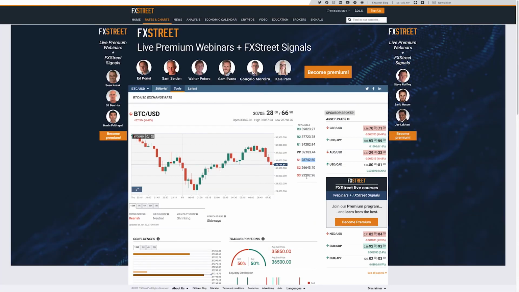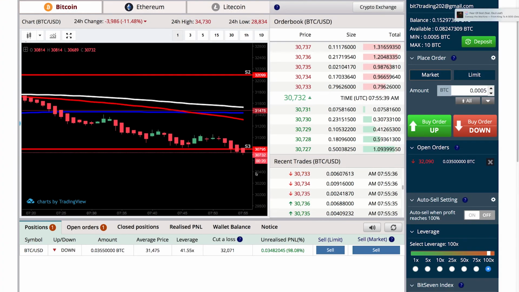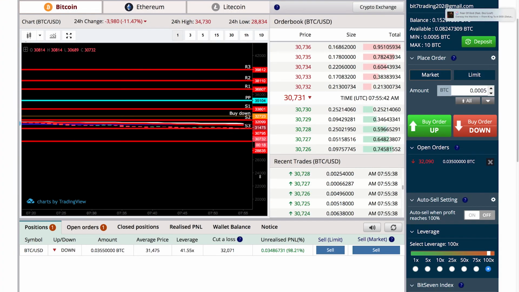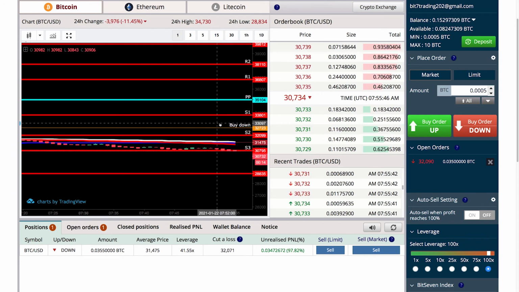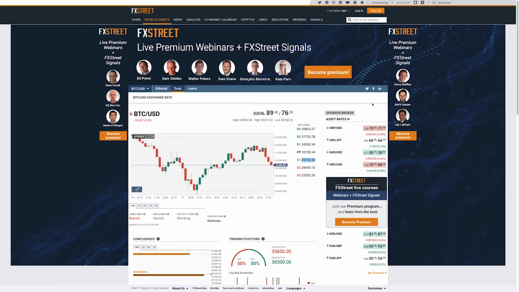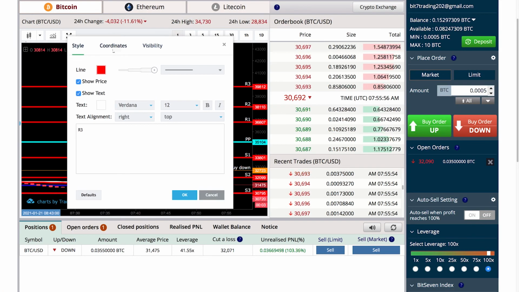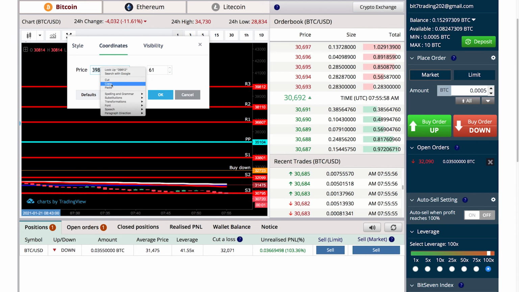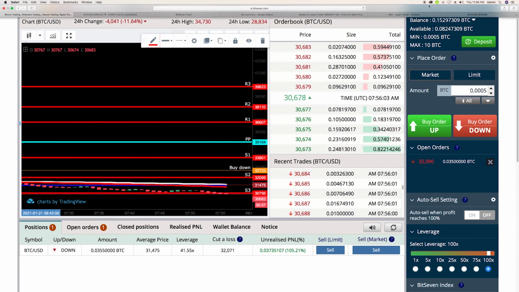Based off of me looking at my Coinbase chart, I can see that my charting on my levels on my Bit7 chart are incorrect. I need to update them, because I thought that was a support level, but when I was just on my TradingView chart, I realized, no, that's not support. So what I'm going to do is clean up my chart and enter in the updated resistance and support levels on my Bit7 chart, because I'm working off of TradingView and I'm working off of Bit7.